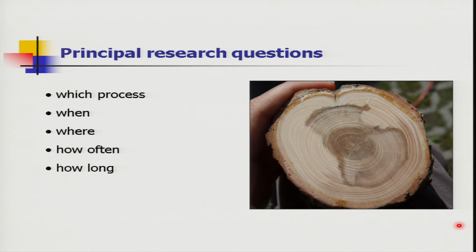And in dendroecology, we answer the questions you see on this slide. So we are interested in what type of process affected the tree, when it happened, where it happened, how often such a situation occurred.